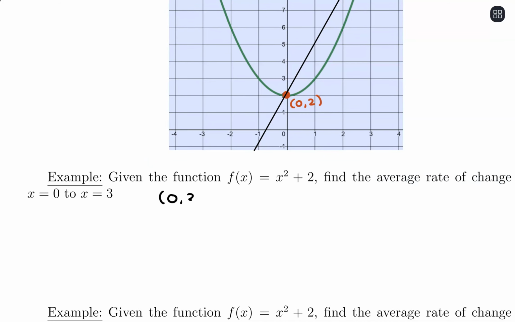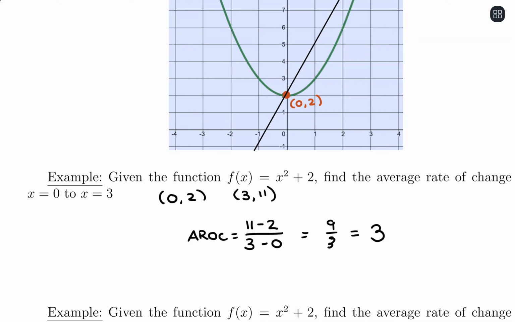To calculate average rate of change, we take the difference of the y values, so 11 minus 2 over 3 minus 0. That's 9 over 3, which simplifies to 3.